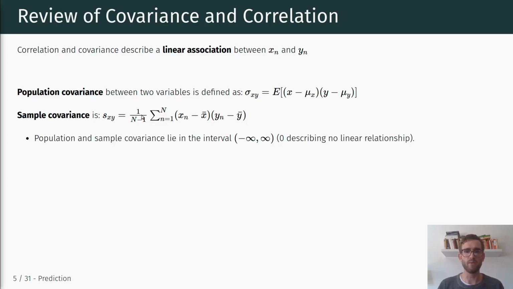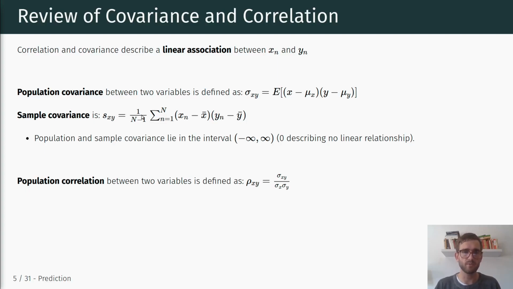So in other words, if we measure xn in inches rather than feet, for example, and we're talking about the covariance between height and body weight, then the covariance, just by measuring one of the variables in inches rather than feet, would be increased because the scale is increased, okay?